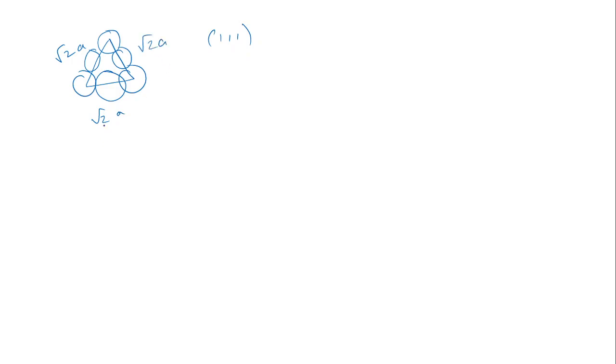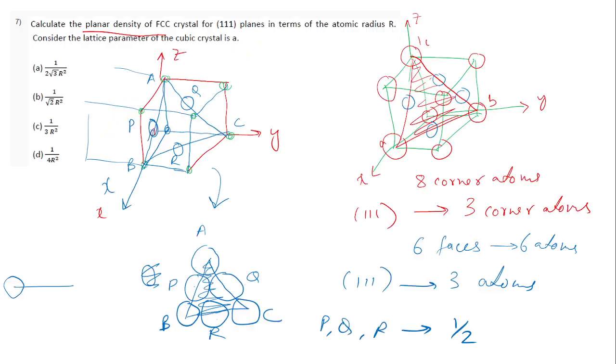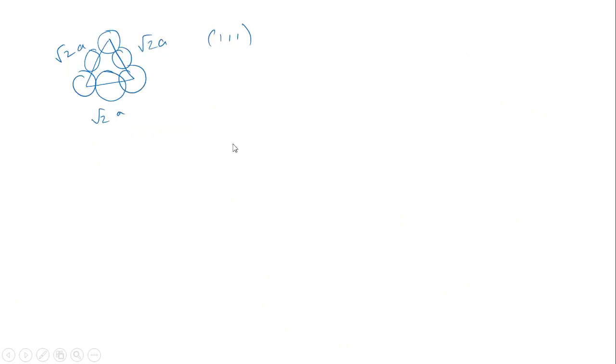All sides are equal, and all angles are also equal. If all sides are equal, all angles are equal, that means this is an equilateral triangle. This 111 plane is intersecting and making an equilateral triangle here, right? And these atoms we are calling A, B, C. Okay, this is A, this is B.